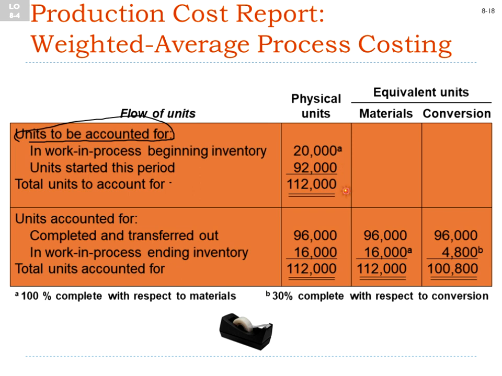So we have 112,000 units to account for, and then at the end of the period, we see that 96,000 of that 112,000 was transferred out. So we do the math and we calculate that 16,000 is still in work in process inventory, and that's how we account for the whole 112,000 units.